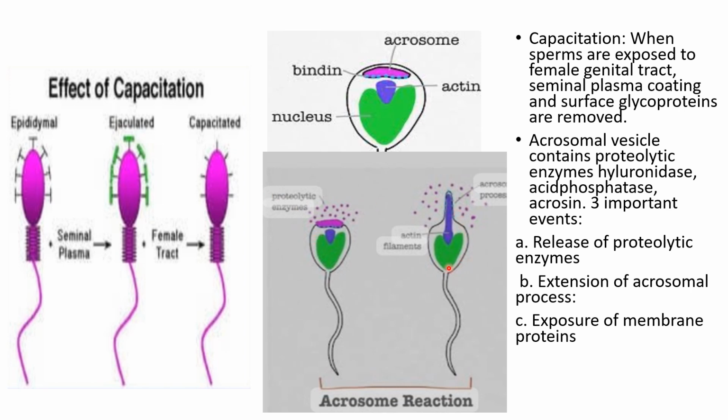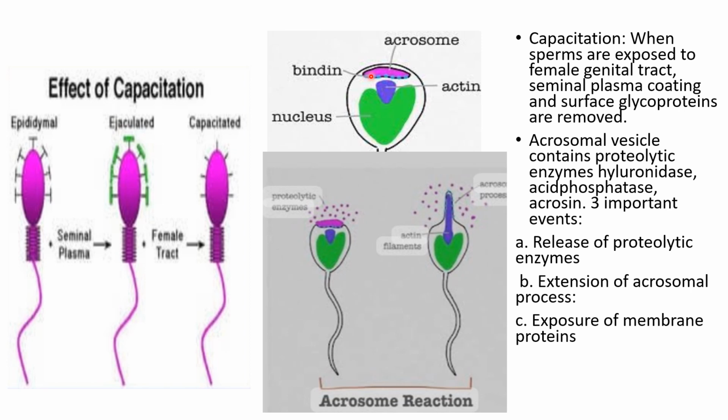Before that we will see the structure of the sperm head. Okay, so this is the sperm head. This green color is the nucleus of the sperm, which has a haploid number of chromosomes. Then this is the actin filament, the contractile filament present in the sperm head. Then just in front of it we have the acrosomal cap, which is bilaminar.